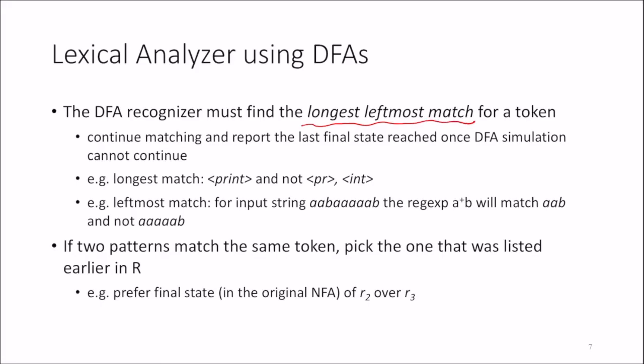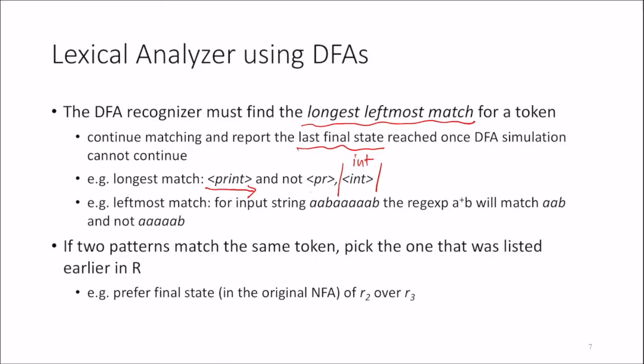We continue matching and we report the last final state that was reached once the DFA recognition algorithm or simulation is done, so it basically can't go any further, and then we reset and go again. So the longest match means we keep matching all the way. We don't stop halfway through just because there is another pattern that matches int as a reserved word. We match the entire print as a single match.